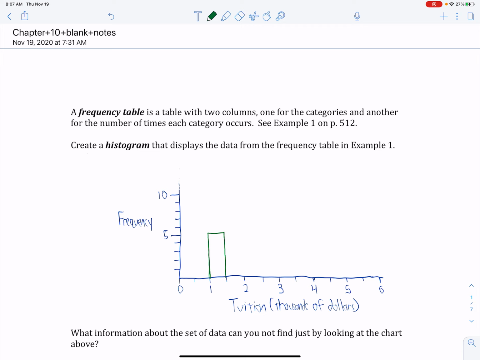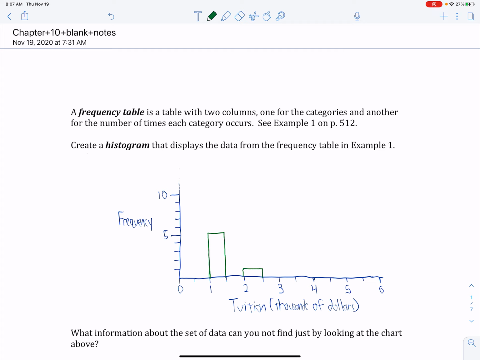Then the category starting at 2.0, you'll notice if you look at that table in the book, 2.0 to 2.4 has a frequency of 1. So the bar starting at 2 only goes up to 1.